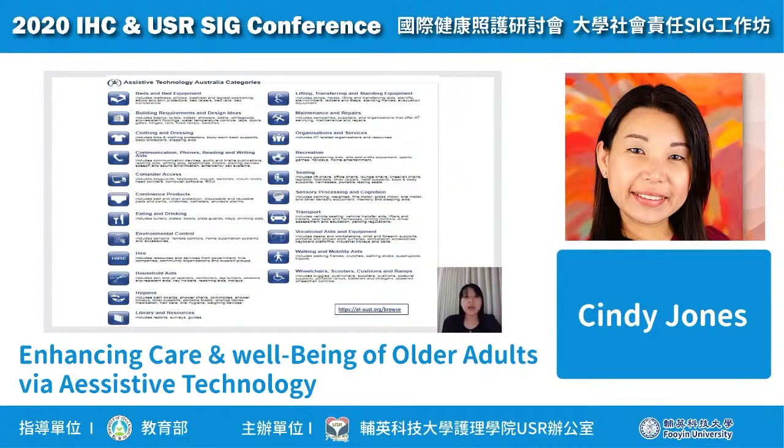Assistive technology categories range from things related to beds and bed equipment, to communication aids, to even things that provide hygiene care, assist in the lifting and transferring of patients, to even things like walking mobility aids, and including devices or equipment like wheelchairs, scooters, etc. So I'm not going to go into every one in detail, but as you can see from this slide, there are a wide number of categories of assistive technology that cover a range of products and services.